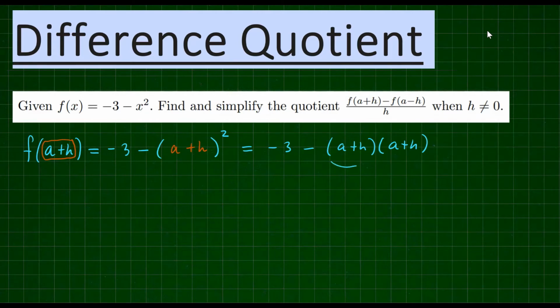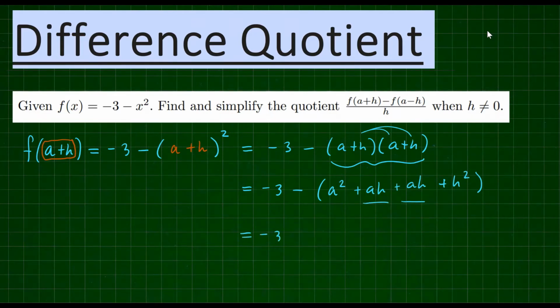And now we're going to expand this out by distribution. So we have -3 minus, a times a, that's a squared, a times h, that's ah, then again h times a, that's ah, and then h times h, that's h squared. Finally, you can combine these because these are like terms. So we have -3 minus parentheses a squared plus 2ah plus h squared.